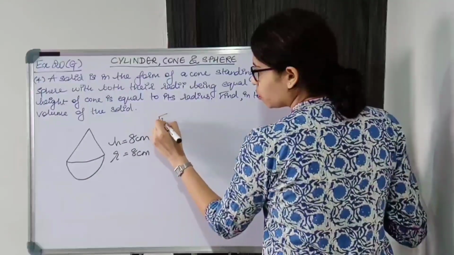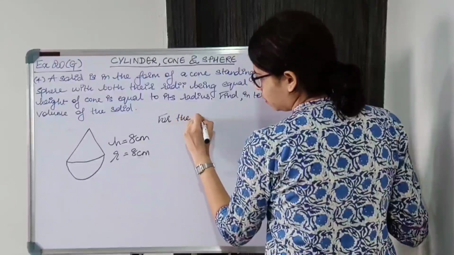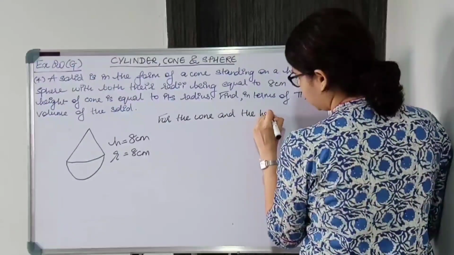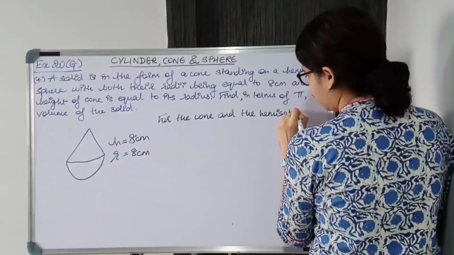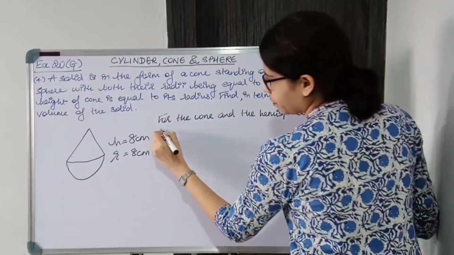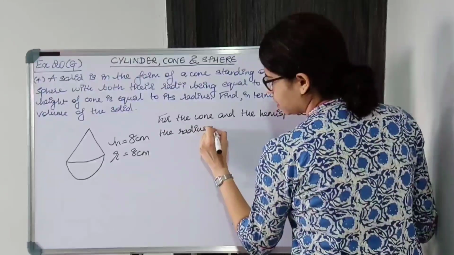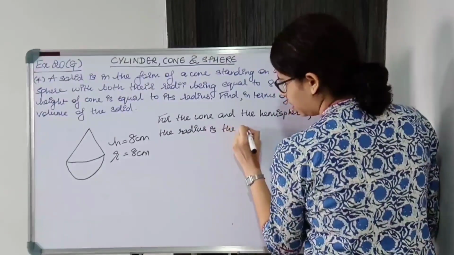Okay. So for the cone and the hemisphere, the radius is the same.